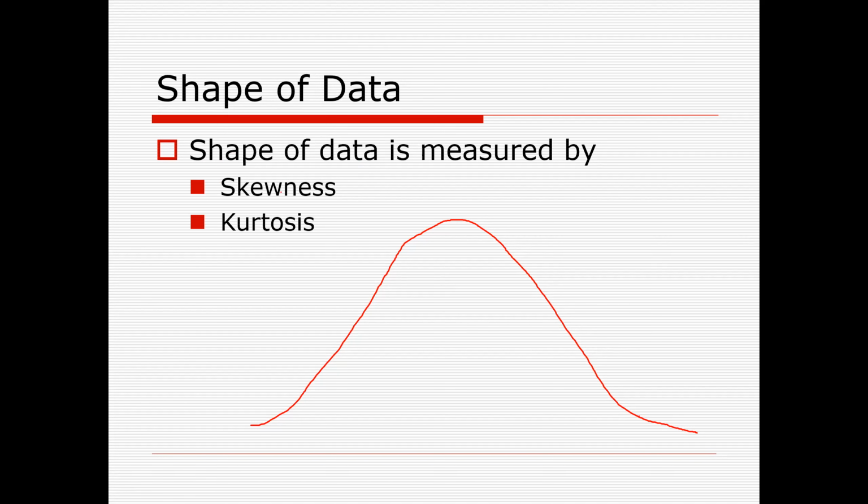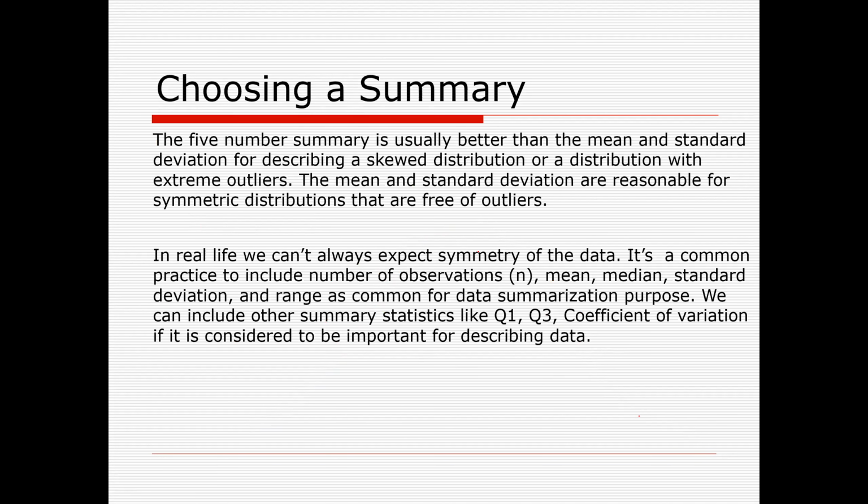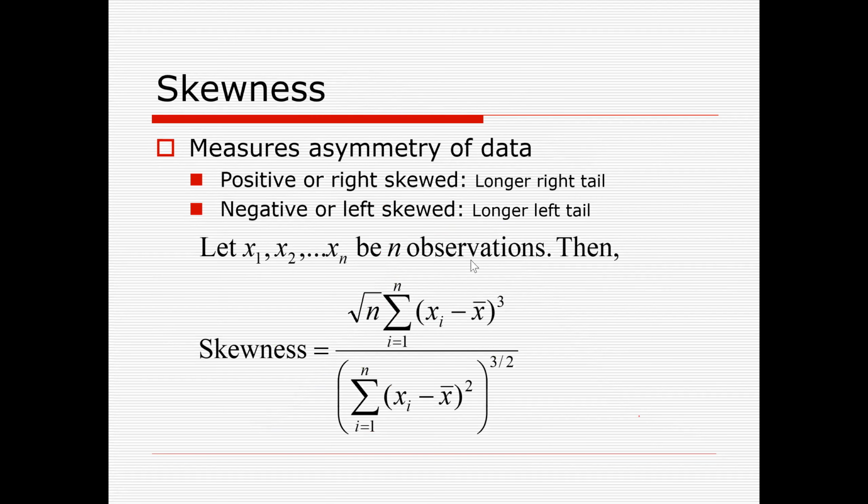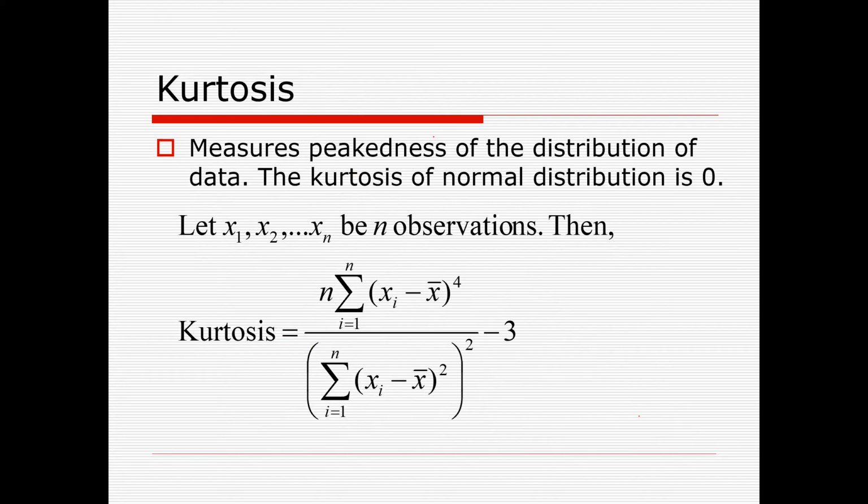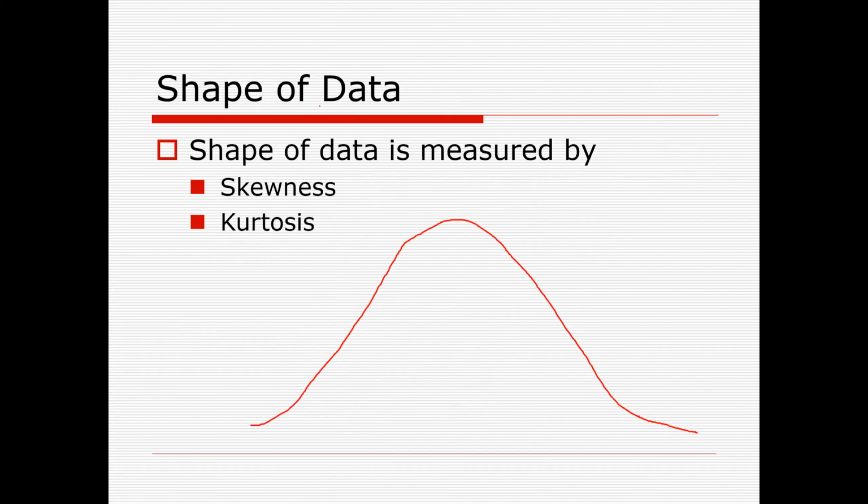So we talk about skewness, we talk about kurtosis. I've explained all that. The skewness measures the asymmetry of our data set, while the kurtosis measures the thickness. If I go back, look at this curve.